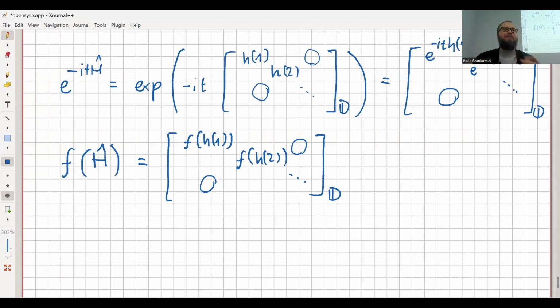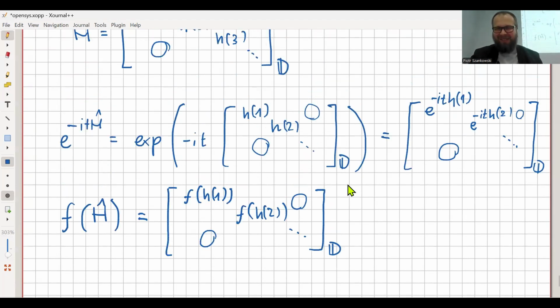This is a general rule. I won't say more about the mathematics of it. There is a lot to say, but this is where we stop.